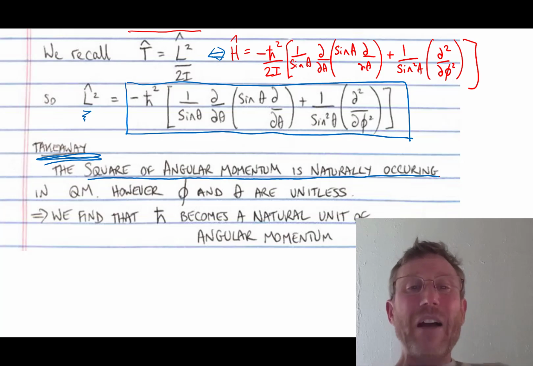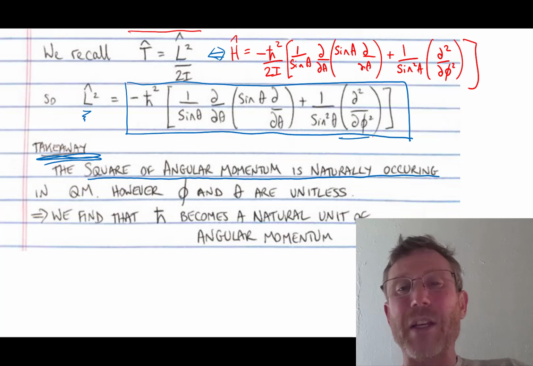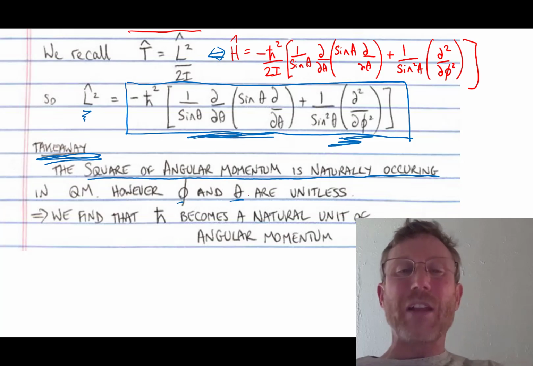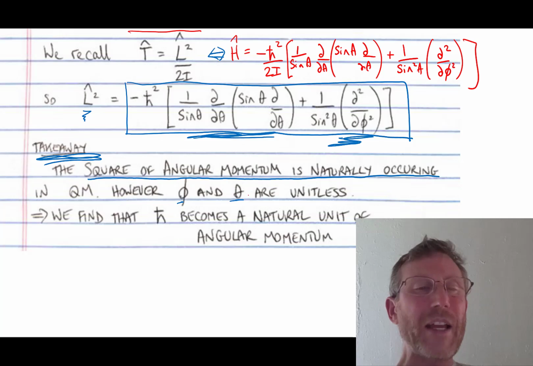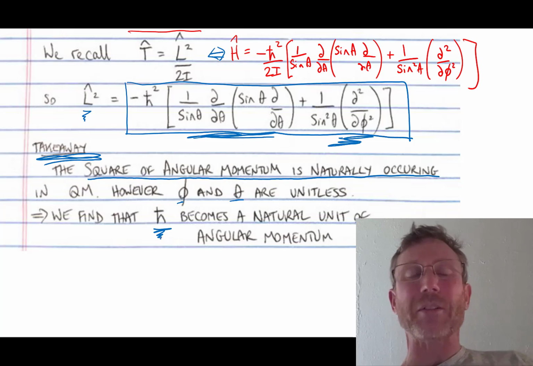So what else can we say about this expression? Note that we've got a theta term in here, and a phi term in here. So here's our phi term, and here's our theta term. However, phi and theta are unitless. So what we recognize here is that regarding angular momentum, h bar is also very special.